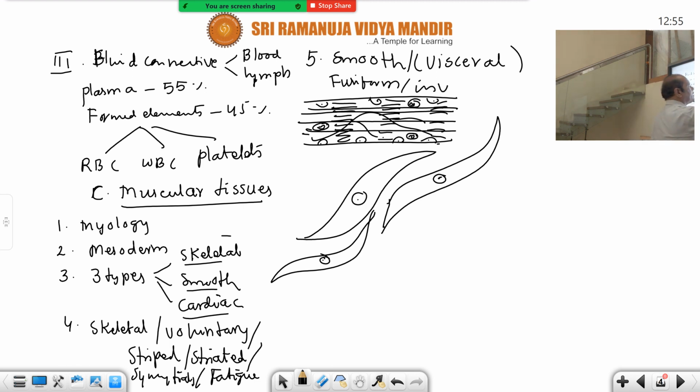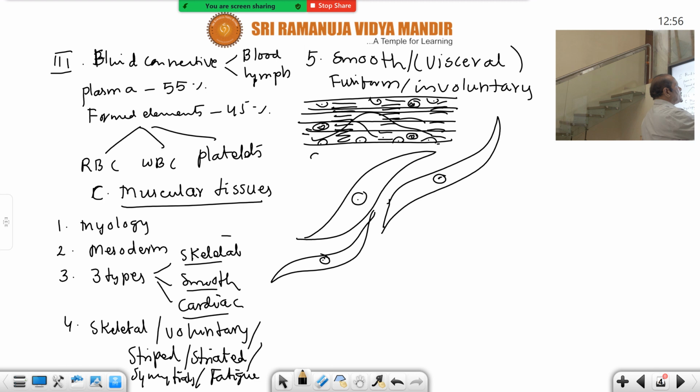Why? Because they work without consciousness, without the intervention of the brain. They always contract continuously, but slowly, and no fatigue occurs. Skeletal muscles contract discontinuously and rapidly fatigue.